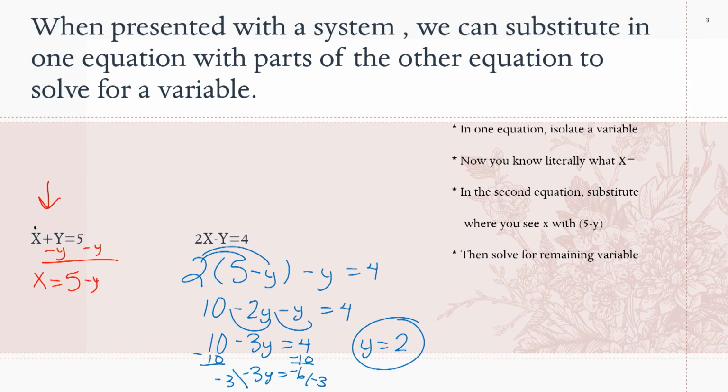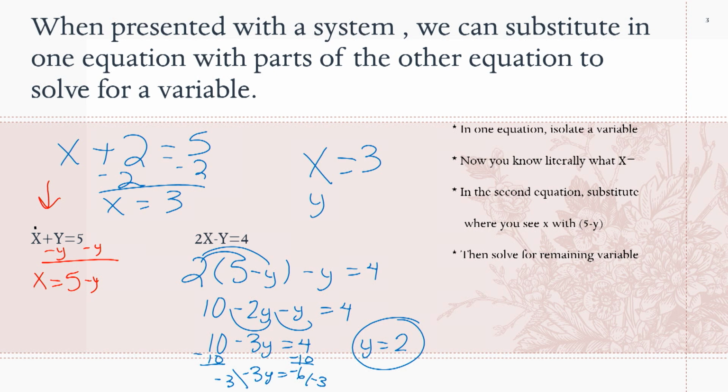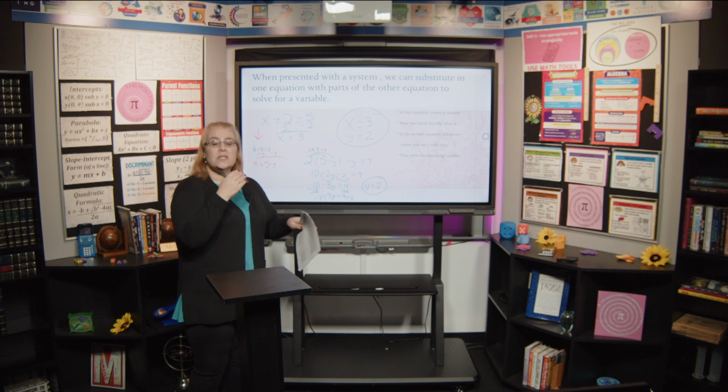If x plus 2 equals 5, isolating, my x equals 3. My y equals 2.